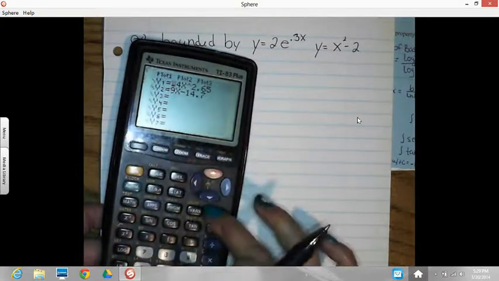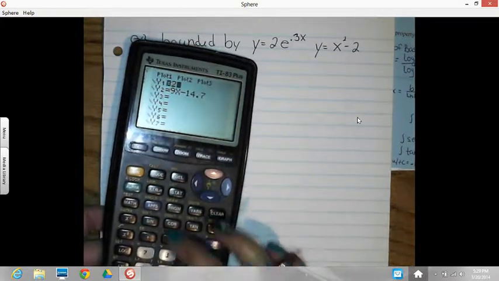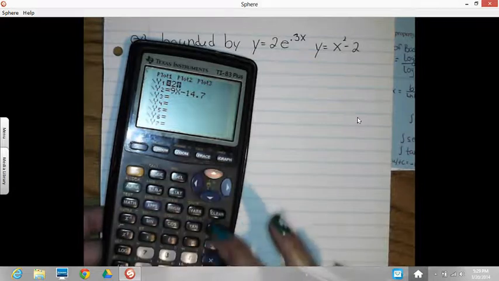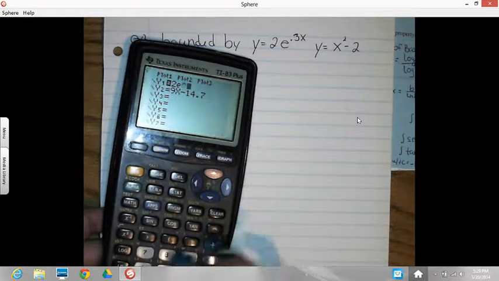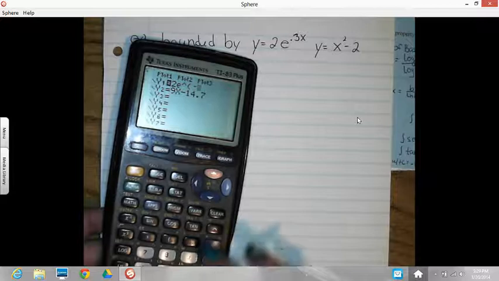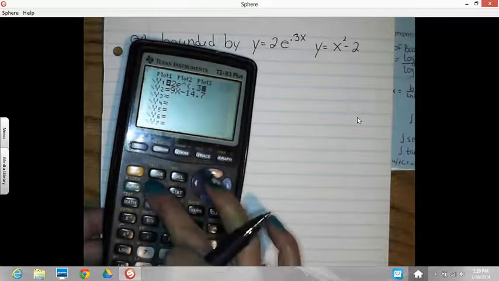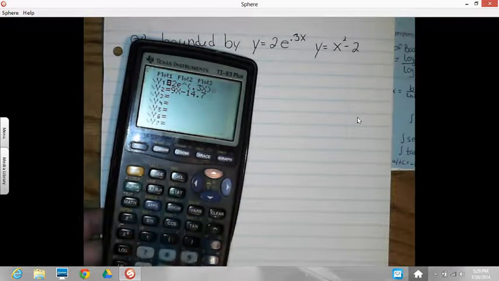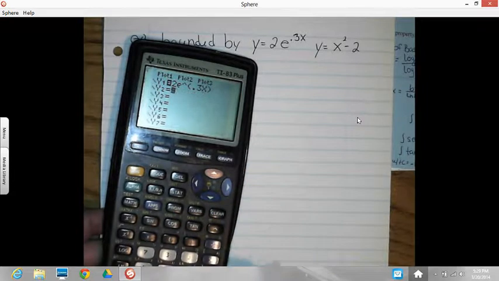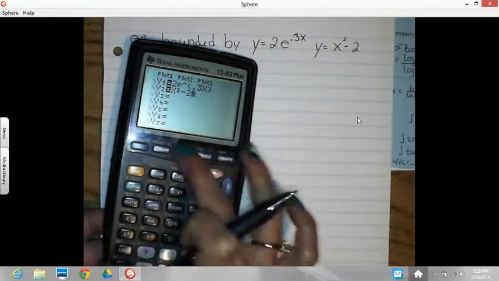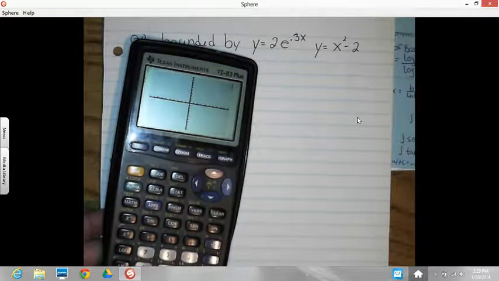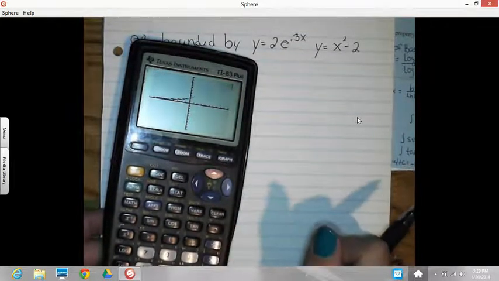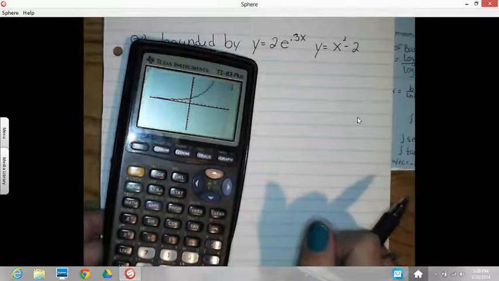So 2e raised to the 0.3x, and then x squared minus 2. There's my e function. There's my parabola.